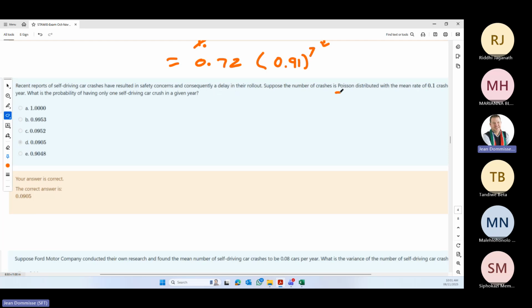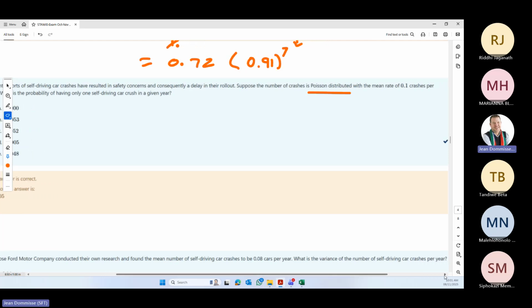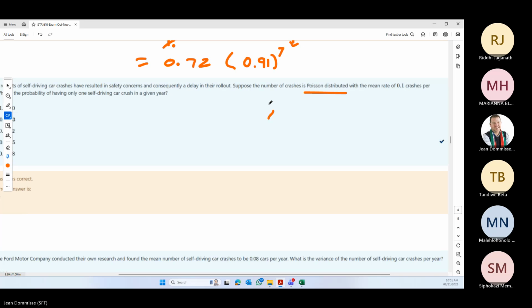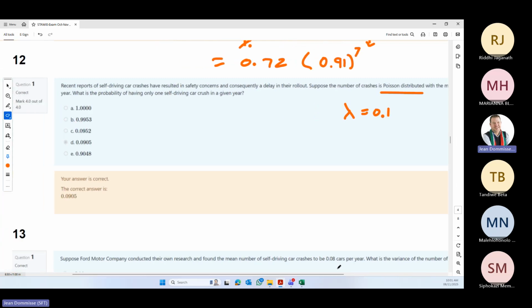Suppose that the number of crashes is Poisson distributed, so they tell us that the mean is 0.1 crashes per year. What is the probability of having only one driving car crash? Okay, so probability of X is equal to 1.